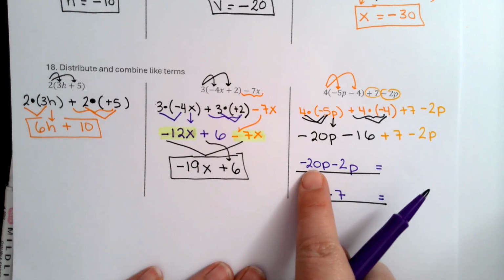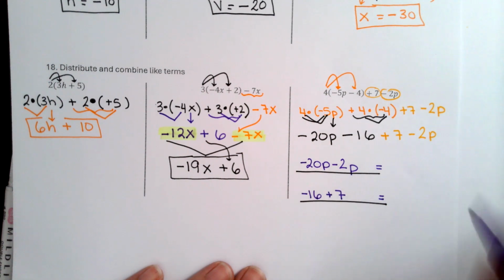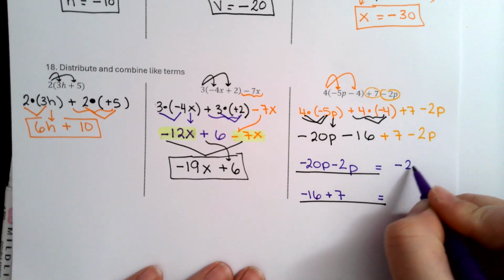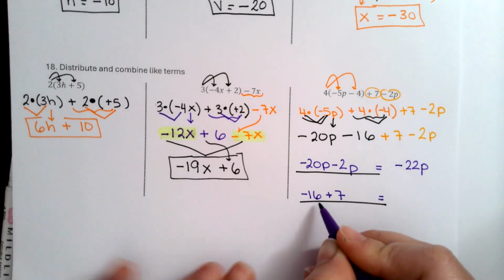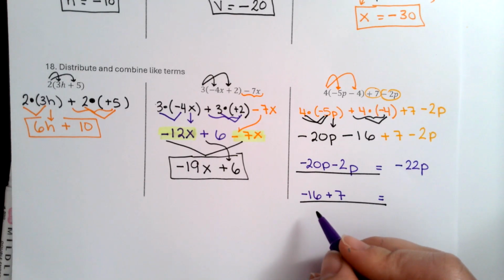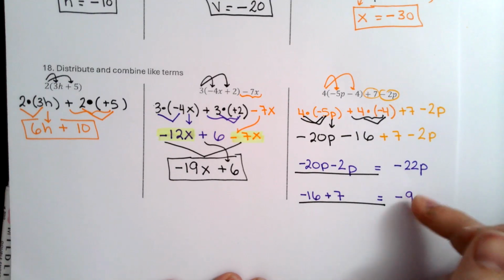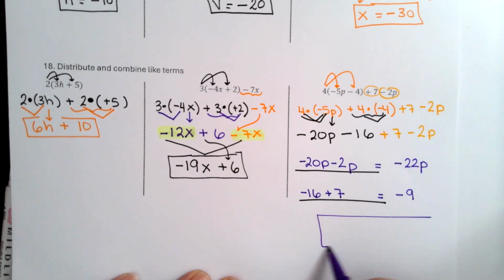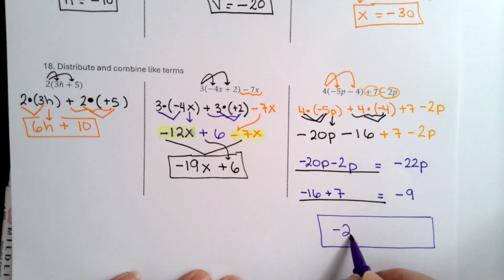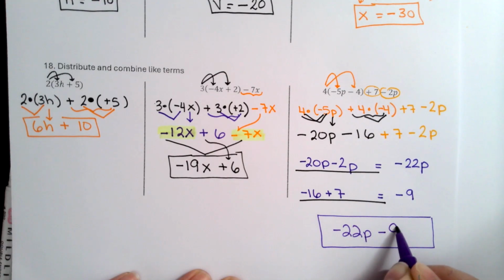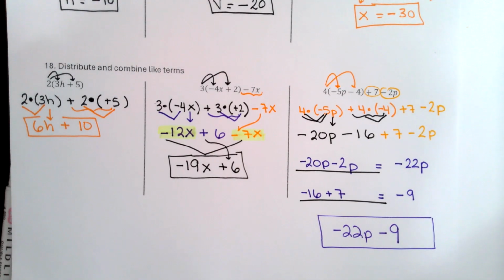So 20 p's that are minuses and 2 more p's that are minus. So that gives me a negative 22p. Here I have negative 16 and a positive 7. So 16 minuses, 7 pluses, give me a negative 9. Now remember, this is not our answer. We have to write this in a format of negative 22p minus 9 for our combining like terms.